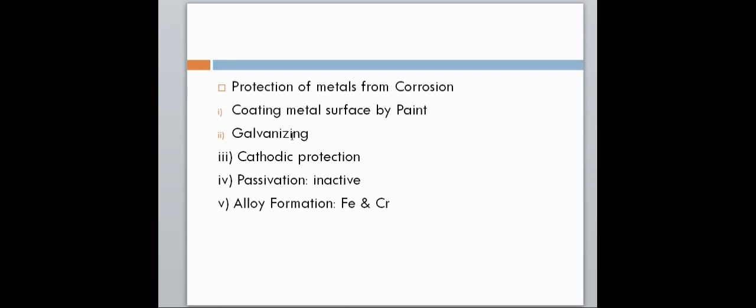Cathodic protection is a very good option to ensure the metal is protected. Passivation, that means making the surface inactive to any kind of reaction. And finally is alloy formation. Earlier they used iron vessels, but because they used to get rusted, we now have stainless steel, which doesn't catch rust. So these are different ways that metals can be protected from getting corroded.